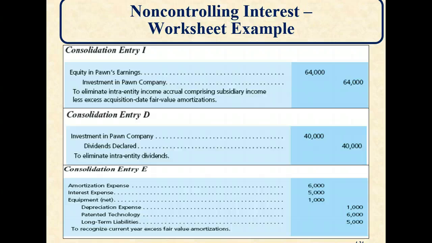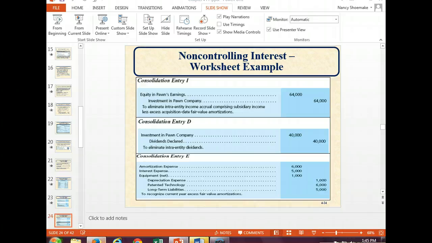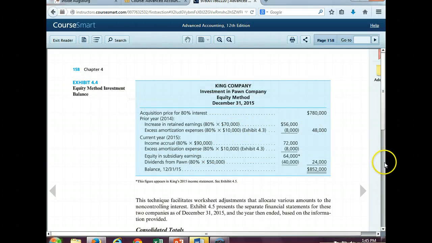Now, we need to take into account some intra-entity income. Sometimes companies trade amongst each other. So that portion of intra-entity income we need to wipe out. Now, I think the book explains that a little better than what we have in here.